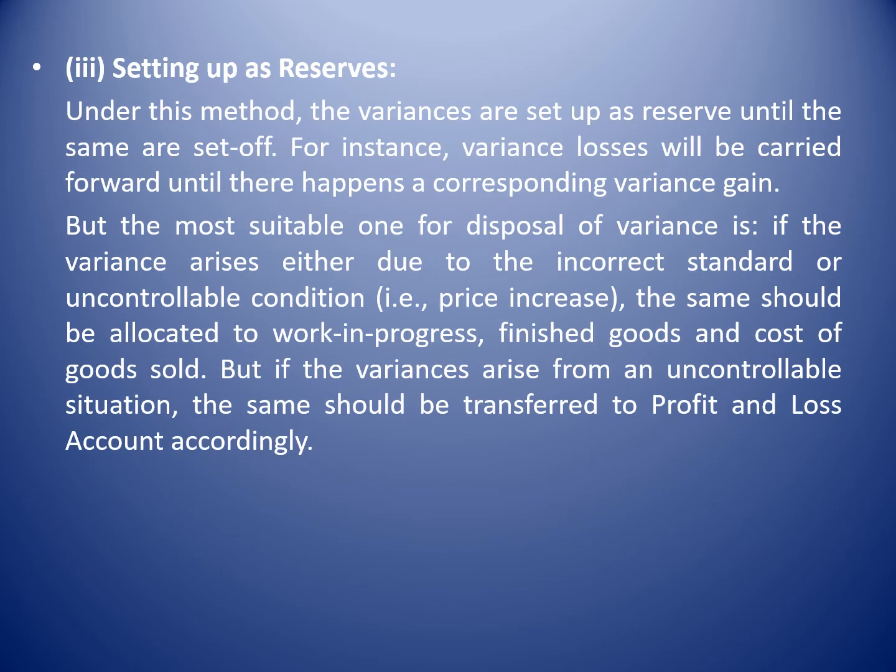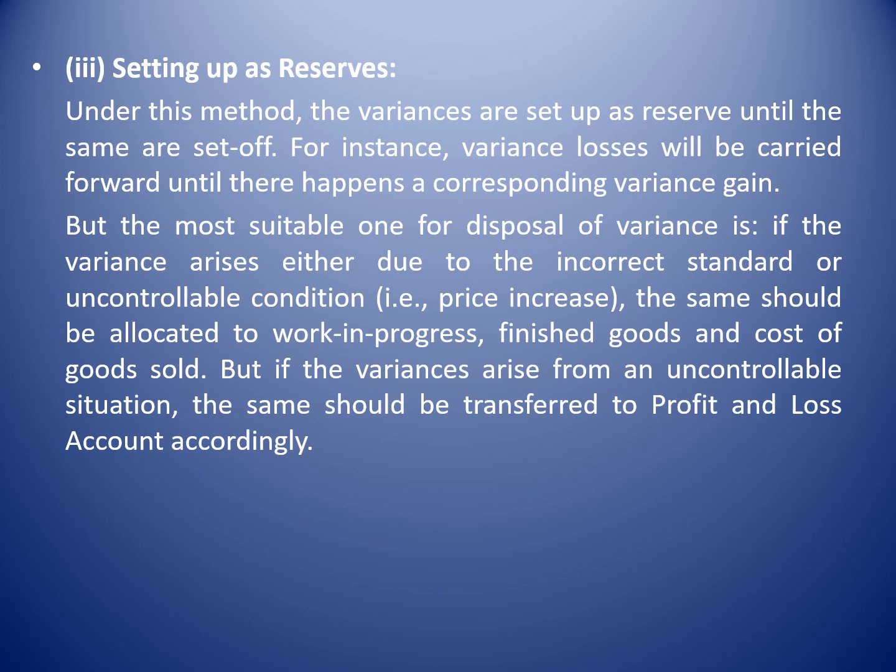The last one is setting up as reserves. Under this method, the variances are set up as a reserve until the same are set off. For instance, variance losses will be carried forward until there happens a corresponding variance gain.